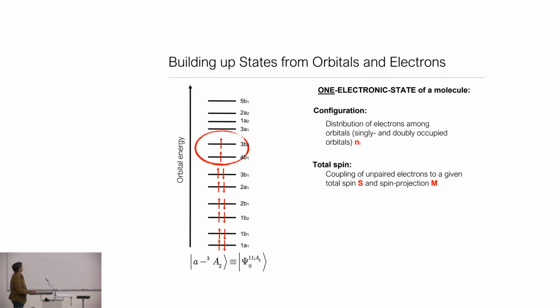Okay, now you have to find out what the total spin is. So in that diagram, you may have a number of singly occupied orbitals, and they couple to a given total spin, and I will talk a lot more about that on the next slide.